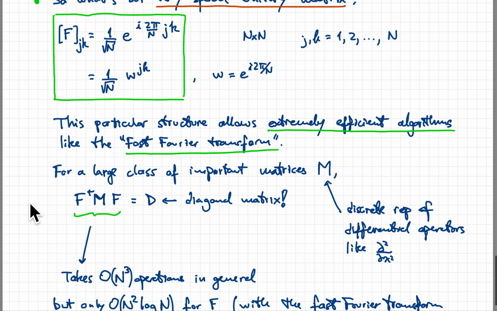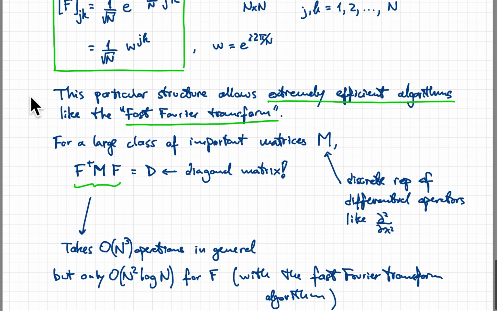This is what we call the operation of matrix diagonalization, and it turns out that for a large class of important matrices that typically represent differential operators, like the second derivative, this operation can be done very quickly and very efficiently, due to having this type of structure for our matrix.